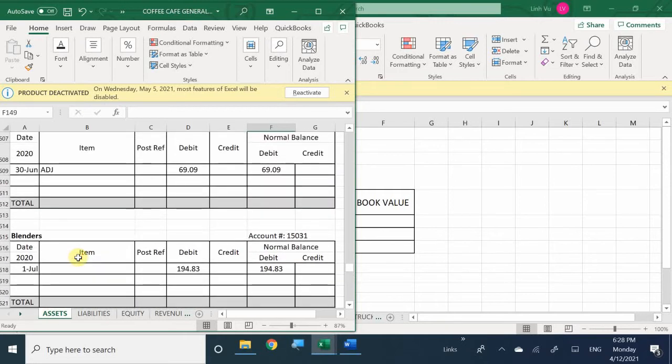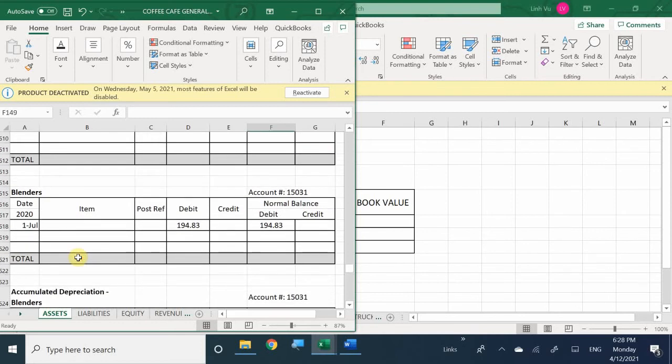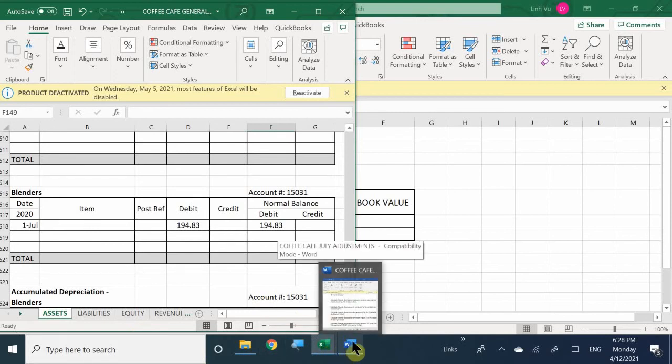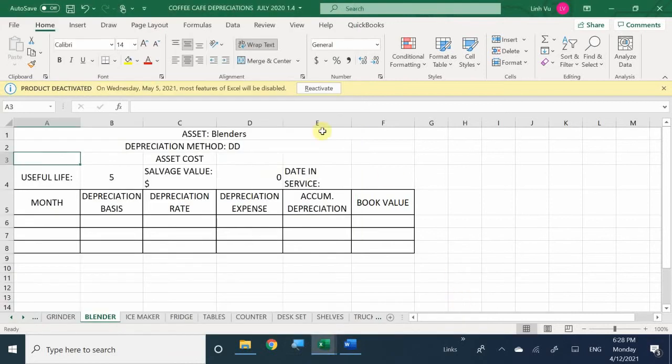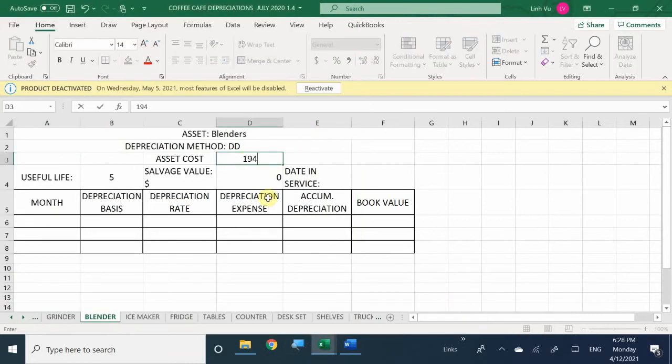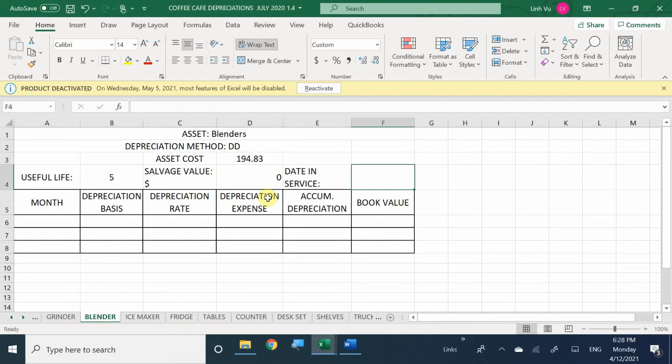I purchased them on the 1st of July, and I purchased them for a total of $194.83. Okay, so I'm going to plug that in. 19483. Okay, and we purchased it on July 1st. So therefore, we need to depreciate it for this month.